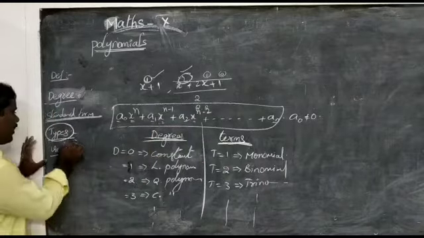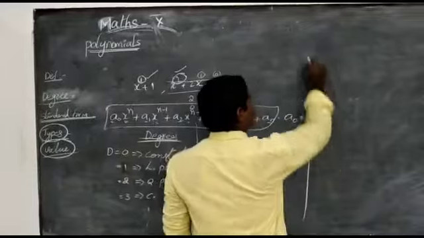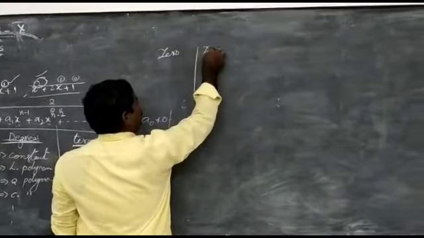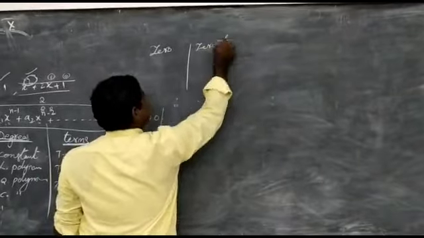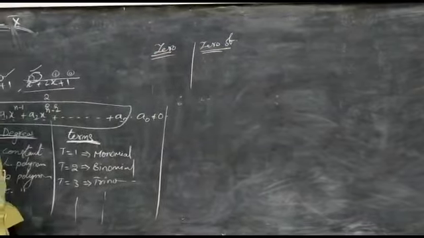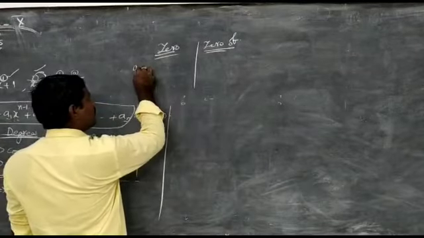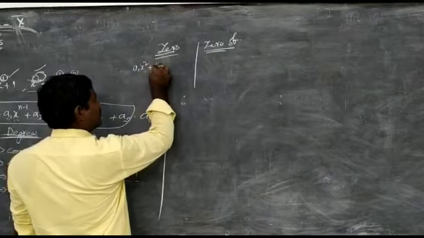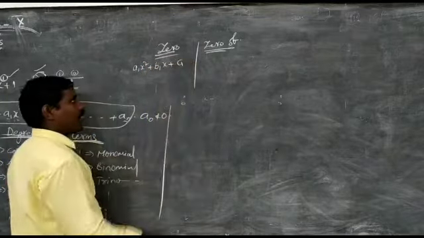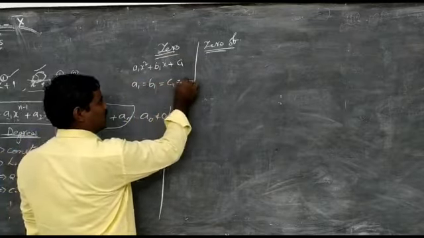Now we are going to the values. We know two types of polynomials: one is the zero polynomial and the other is the zero of a polynomial. What is the difference between the zero polynomial and the zero of a polynomial? Now I am taking a polynomial a1x square plus b1x plus c1, where a1 is equal to b1 is equal to c1 is equal to 0.